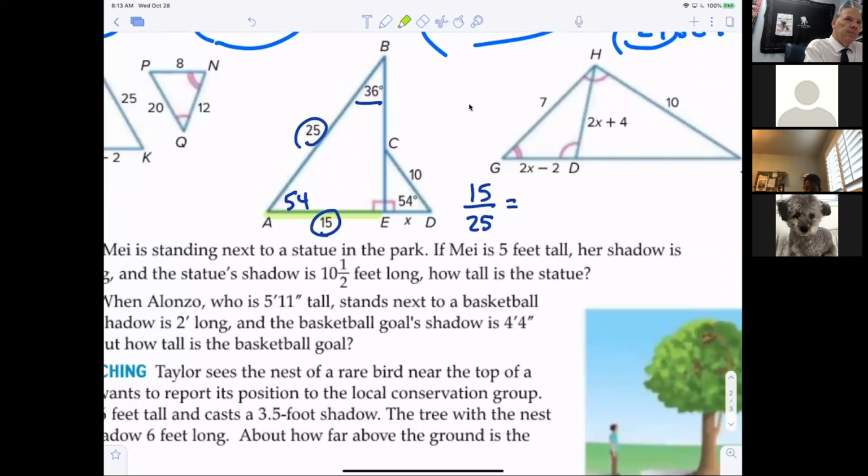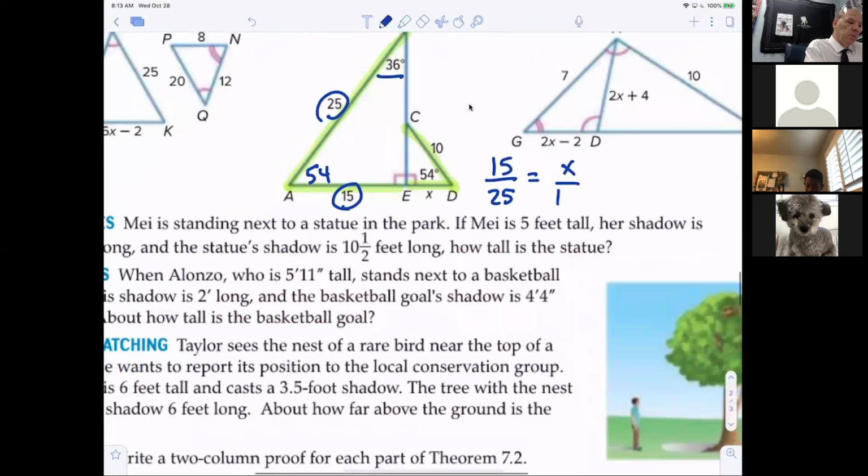You see that? So that means this is between 54 and 90. So that has to be x. Correct? And then 25 is the hypotenuse. So the hypotenuse is 10. How's that?